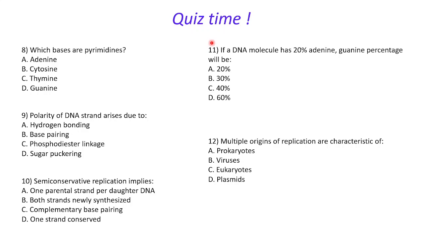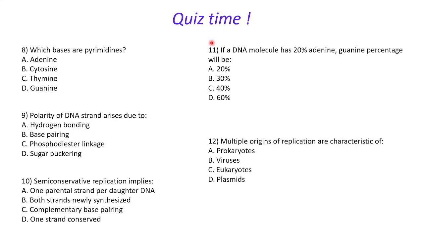Now, number 11. If a DNA molecule has 20% adenine, guanine percentage will be. So, what will be the percentage of guanine if a DNA molecule has 20% adenine? Yes, B. Why?